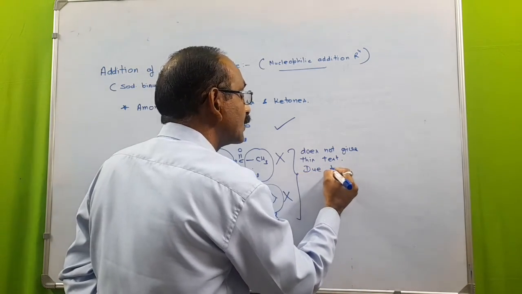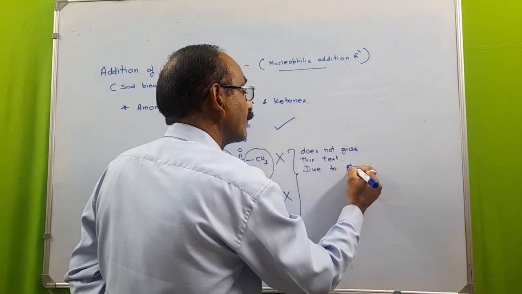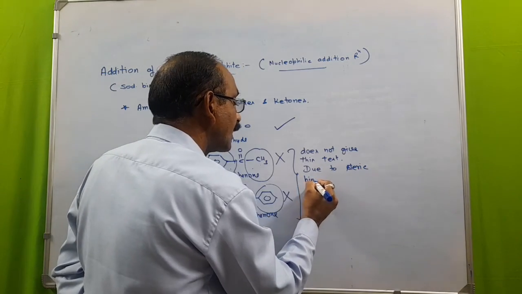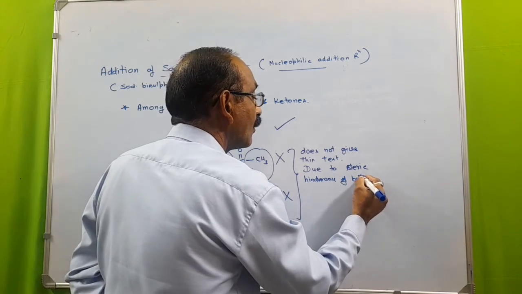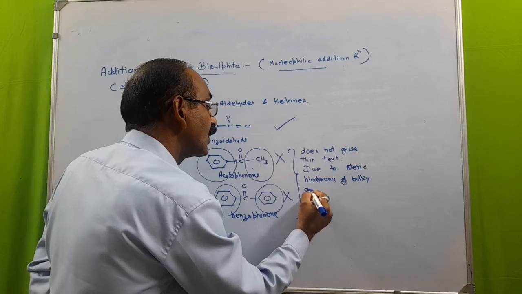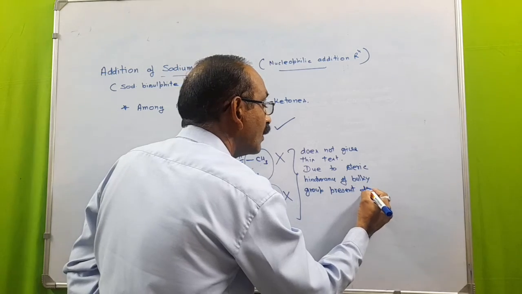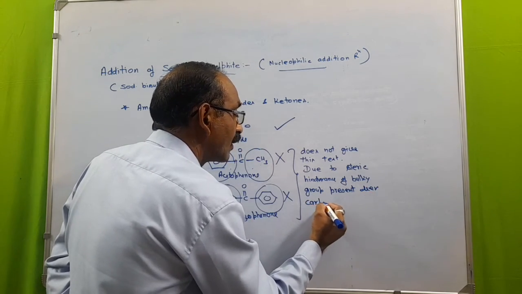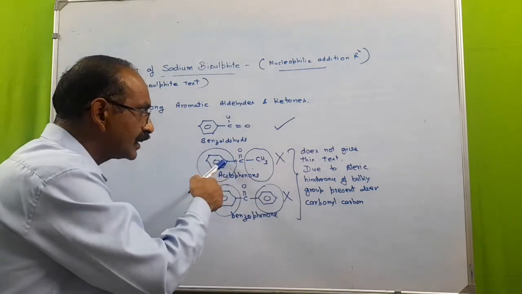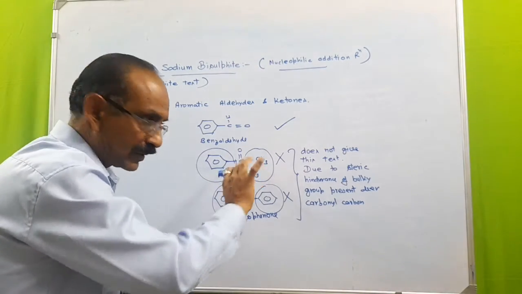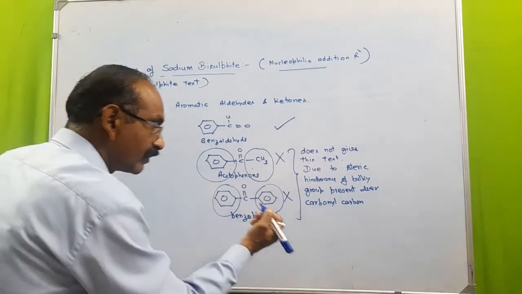Why? This is due to steric hindrance of bulky groups present over the carbonyl carbon. So due to the presence of these bulky groups, they will hinder the attack of the nucleophile over the carbonyl carbon. Yes, one thing more here.